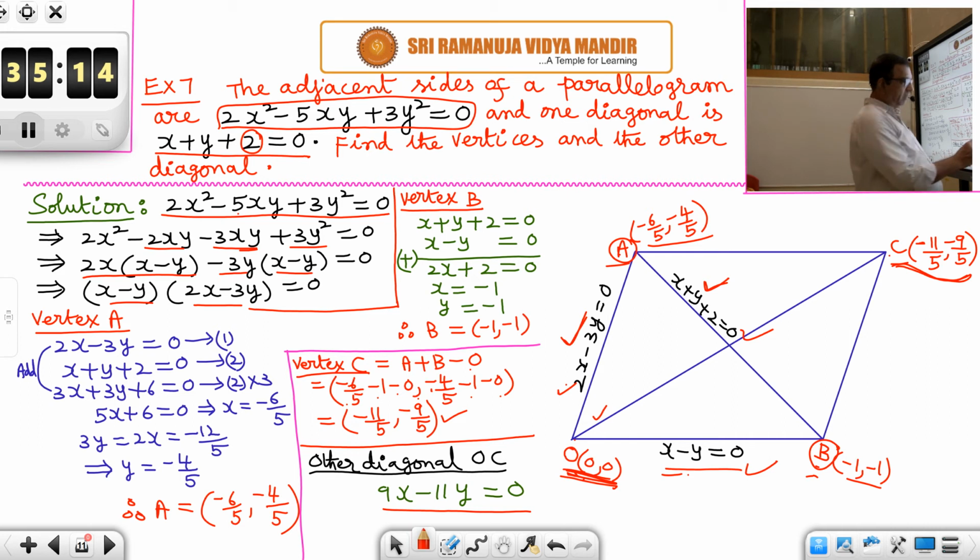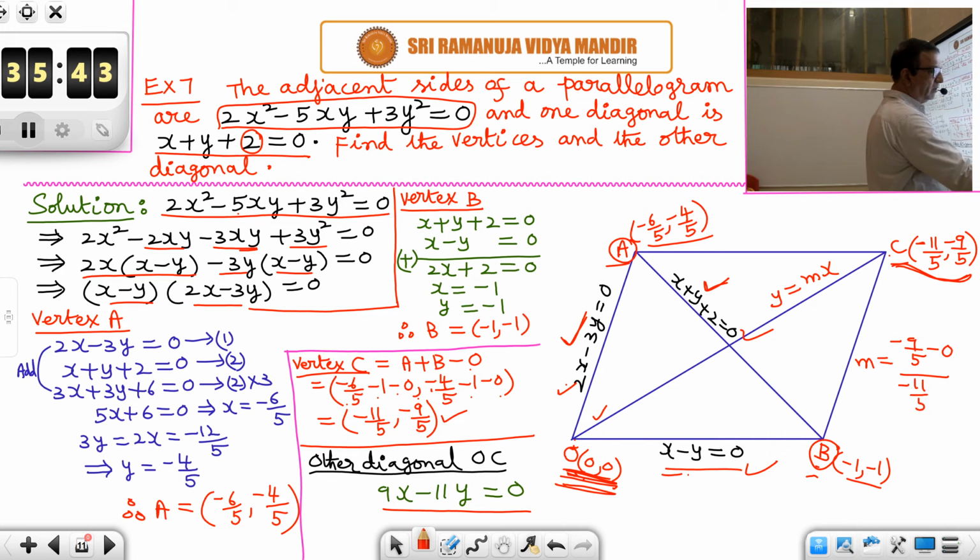You can take it in the form passing through origin. This diagonal is passing through origin. You can take it in the form y is equal to mx. M you can obtain by slope. M is nothing but slope. Slope you can obtain by using the formula y1 minus y2 by x1 minus x2. Here, because the other point is 0, 0, it is minus 9 by 5 minus 0 by minus 11 by 5 minus 0.